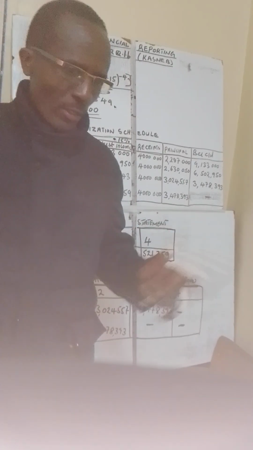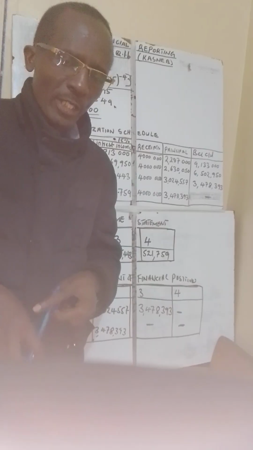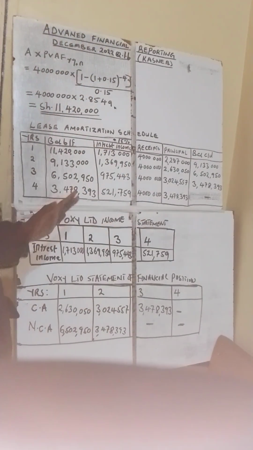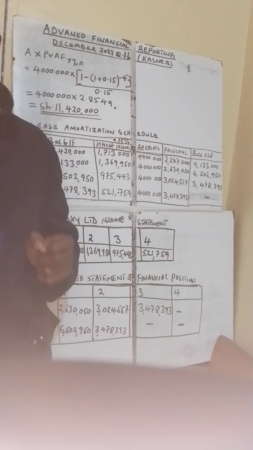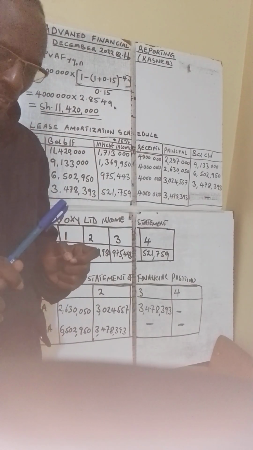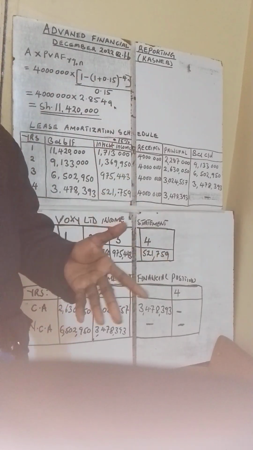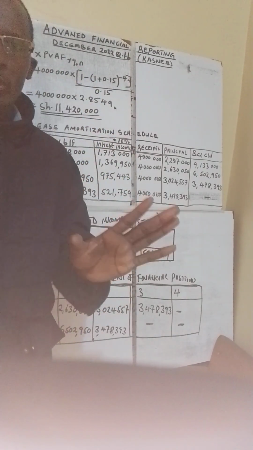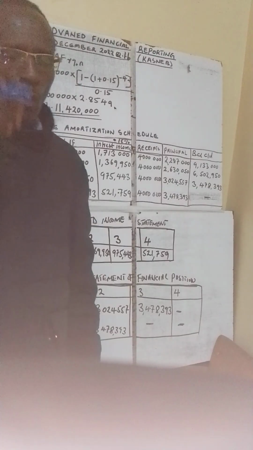Now, as I have said earlier, we wanted first to know what leasing is. So you should be able first to understand what a lease is, how it arises, why it arises. I've said there are 3 types of leases, but concentrate on finance lease as well as operating lease.